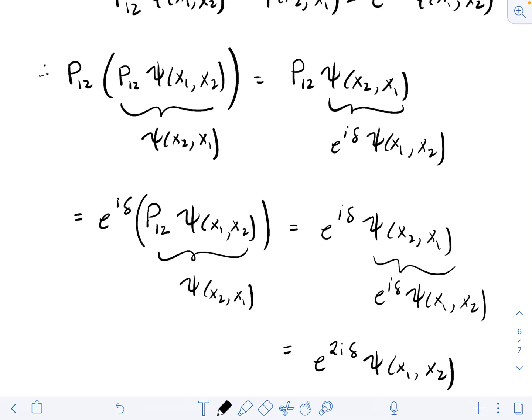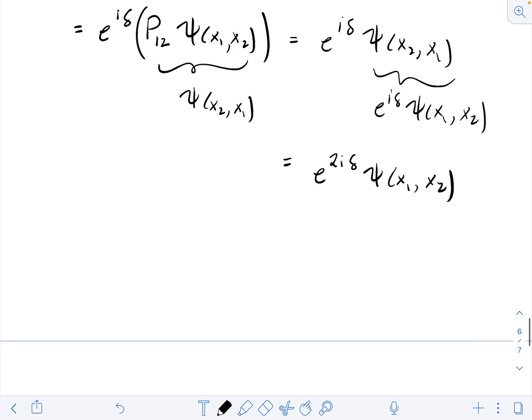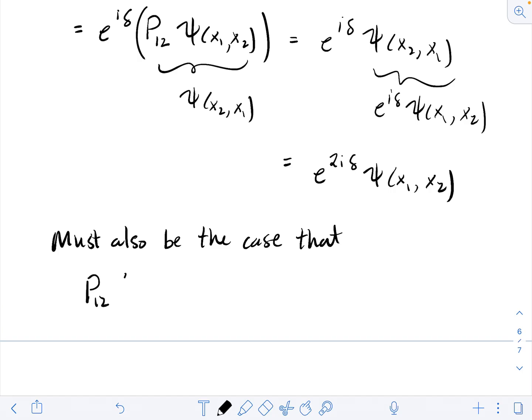But of course, if you think about it, it must also be the case that if I take my exchange operator and I have a two-particle wave function and I act on it twice with that exchange operator, then the first time I act on it, the two particles get exchanged, and then the second time they get exchanged again, and so they're back to their original position.